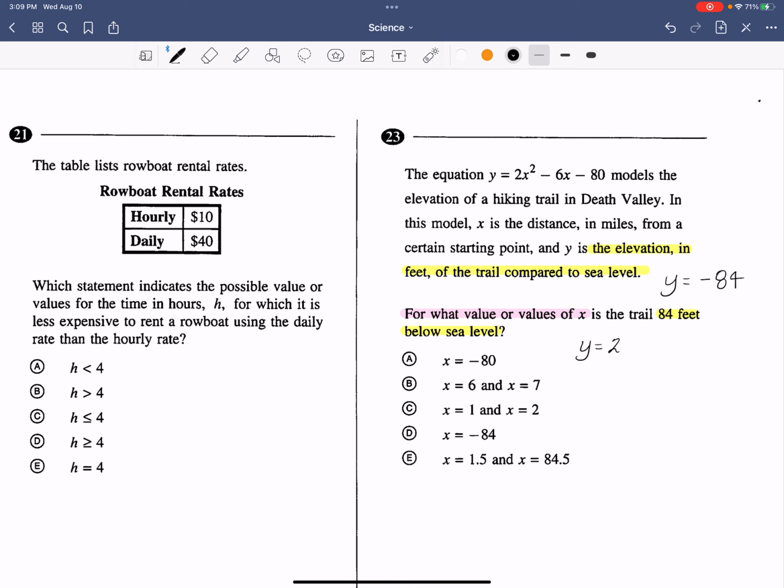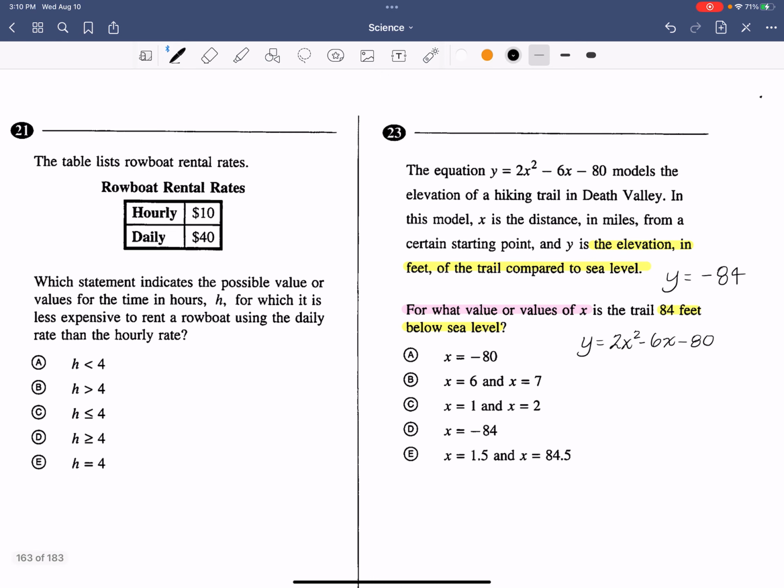Y equals 2x squared minus 6x minus 80 using that value of y. So I'm going to say negative 84 is 2x squared minus 6x minus 80.